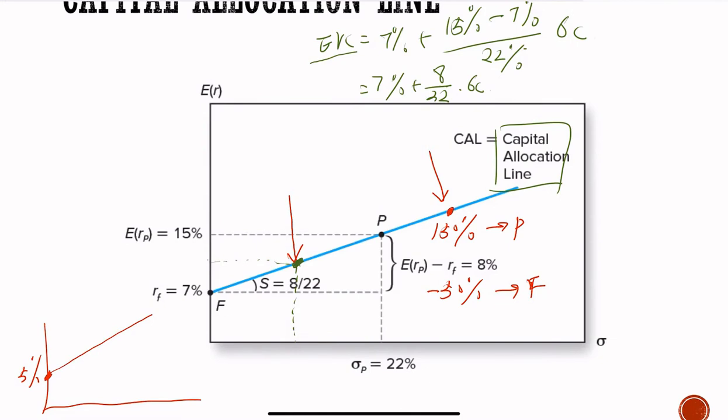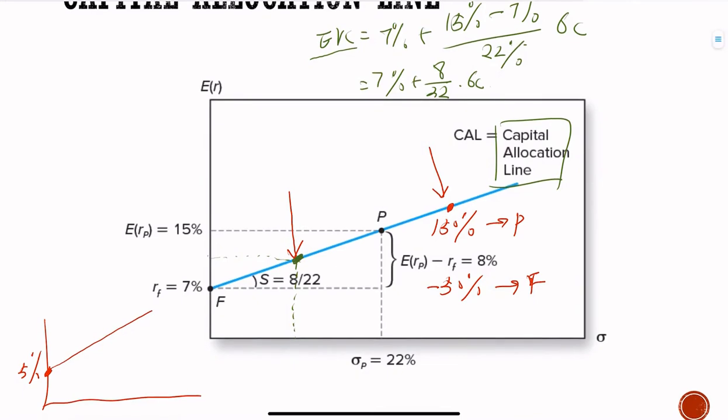So basically you can see that if you have two interest rates, your capital allocation line will look different. For the section on the left side of P, here, you're lending money, so you should use the interest rate for lending out money.